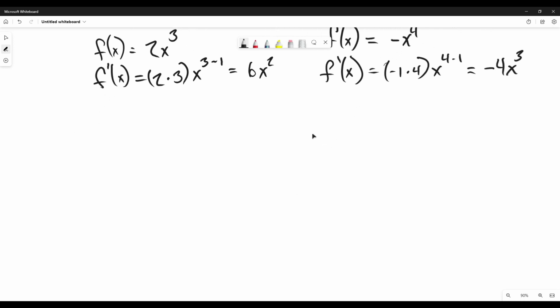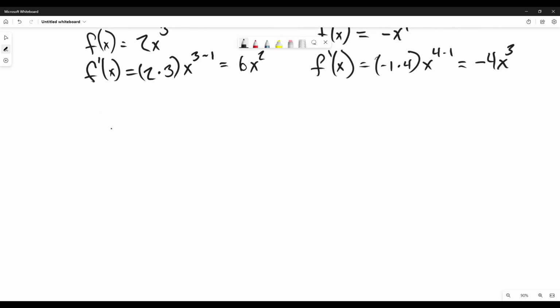Now, you may be thinking, how would you solve the derivative of the square root of x? Because a key factor to note when doing calculus is that the square root of x is the same thing as x to the 1/2 power. Okay?